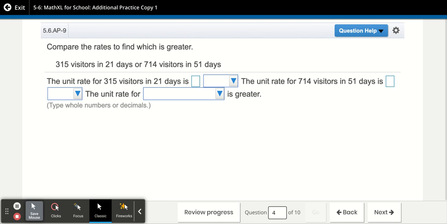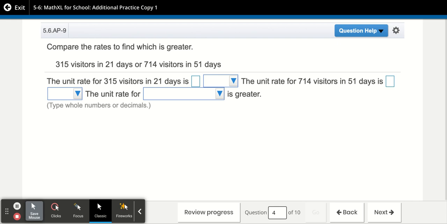Think of this as your cafe, right? The more people that you have per day, the more money that you could potentially make. You want to get the traffic through your cafe, through your business, so the more you have, the more potential profit you could be earning.